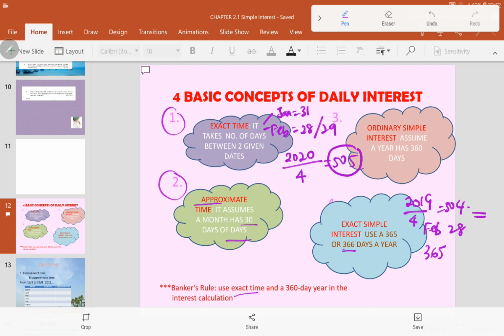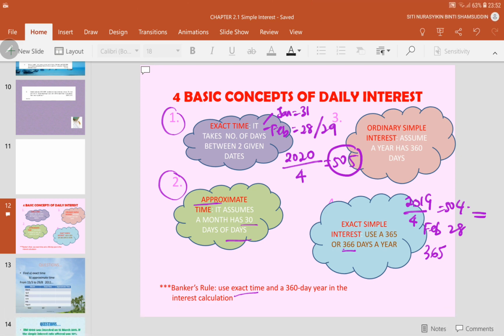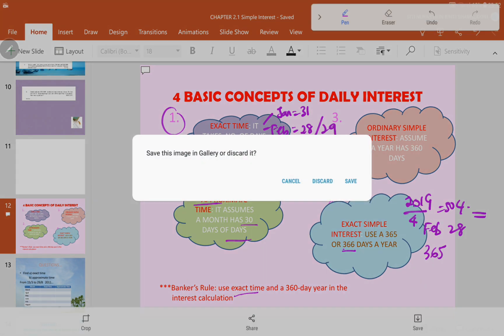So exact time kita ambil kira setiap bulan tu jumlah hari yang betul. Kalau Januari 31 hari, kalau Februari depends, tahun lompat ambil 29, tahun bukan lompat ambil 28. And dia assume pula ordinary simple interest, means that every year ada 360 hari sahaja. Okay, so now kita try tengok example.